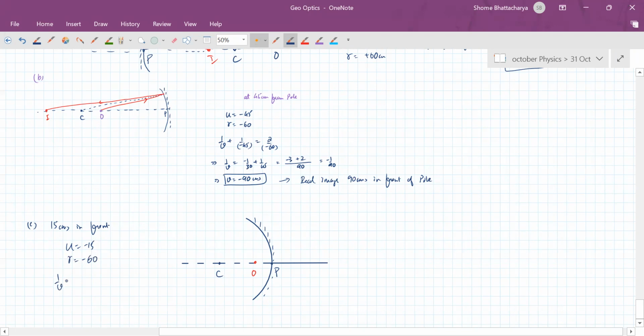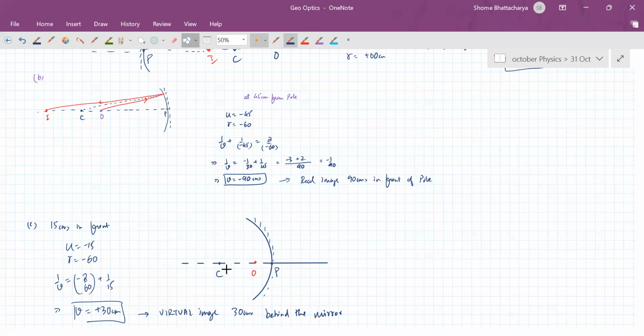So when we get plus 30, it means it becomes a virtual image, 30 centimeters behind the mirror. So let's understand why this happens.